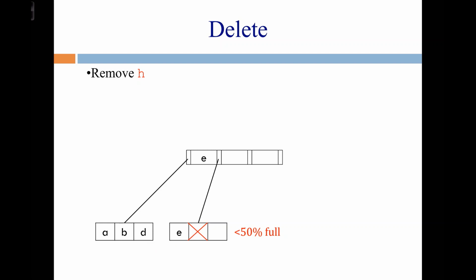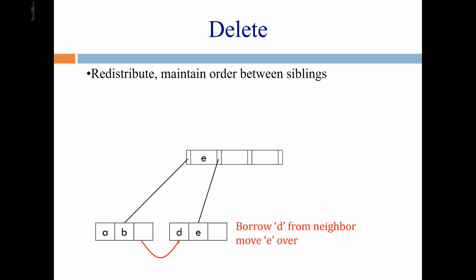So what we do is we borrow an item from the sibling in order to refill the node that's now not full enough. So we pull over the D, and it would have to be the D since everything in the left node has to be greater than everything in the right node. So now we have two things on the left, two things on the right, and both nodes are now 2/3 full.